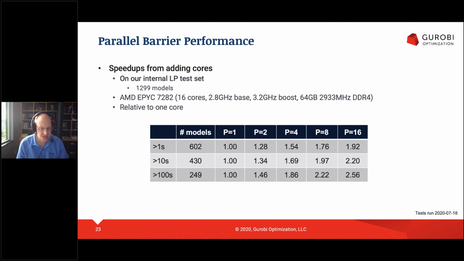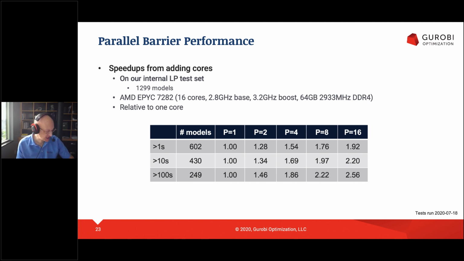What I show in this slide is the speed up from adding more cores to barrier. I've taken the same LP test set, around 1,300 models, run on an AMD EPYC 7282 machine, a 16-core machine. I look at performance for a multi-core run versus performance on a single core.